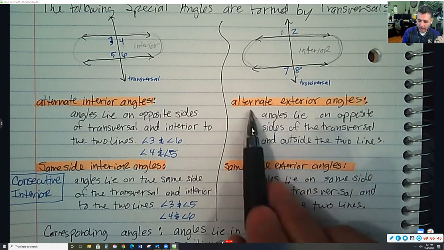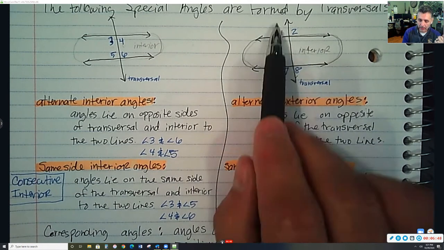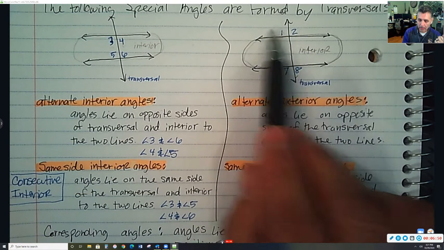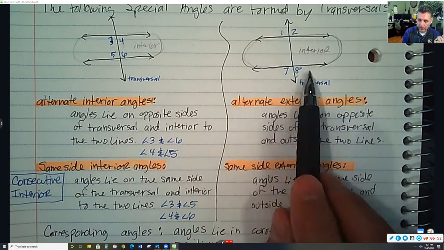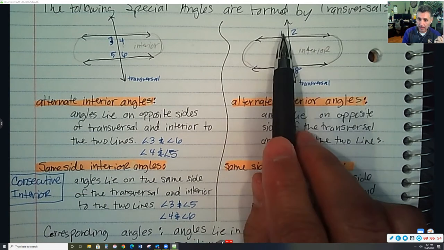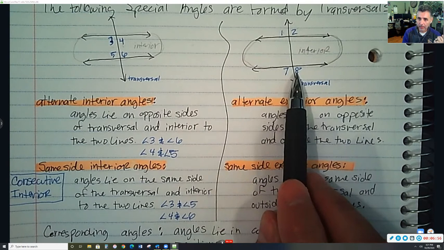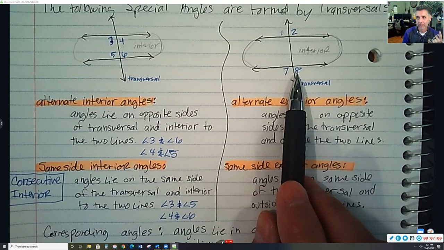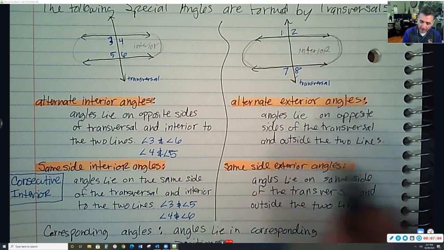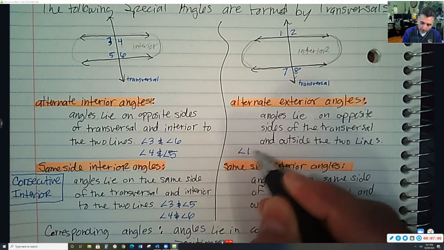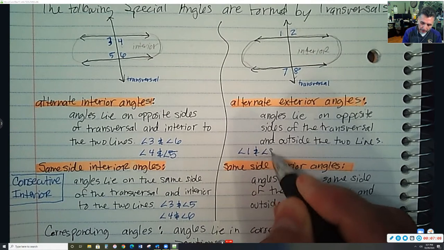And then alternate exterior means they're on opposite sides. So think 1 and 8. These are on opposite sides. See, one's on the left side, one's on the right side. Those are opposites. And it's exterior. So they alternate and they're exterior. So that would be angle 1 and angle 8.